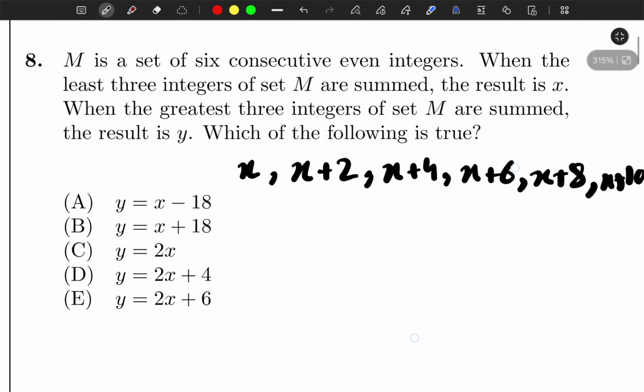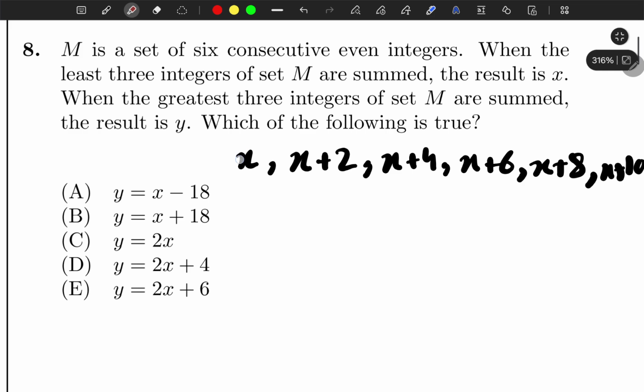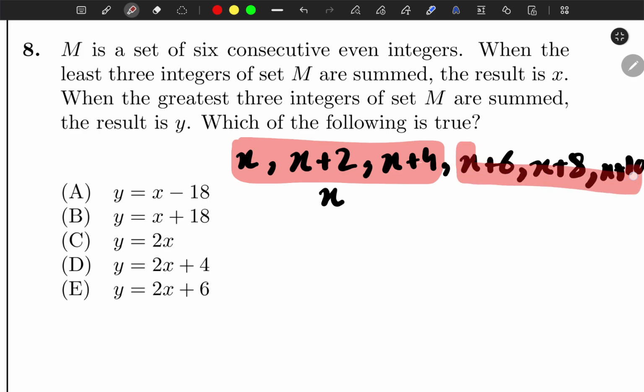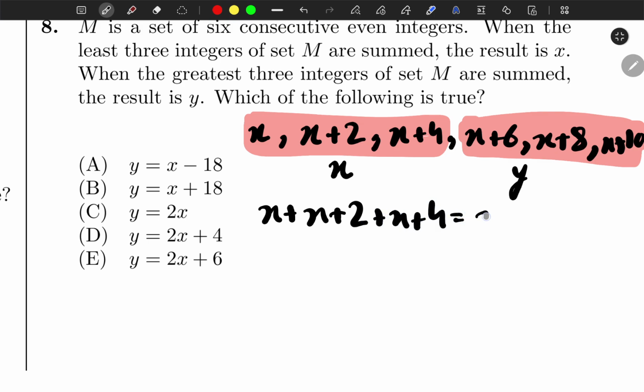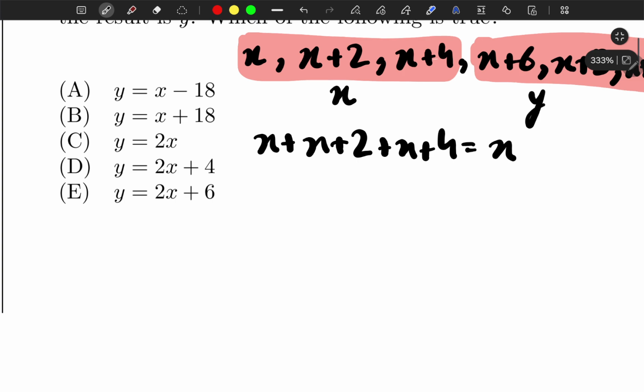Alright, so now what we know is the sum of these 3 numbers is going to give us x. And then we also know that the sum of these 3 numbers is going to give us y. So let's just make a statement for that. We'll do x plus 2 plus x plus 4, and this should give us x. Once we solve, it's going to be 3x.